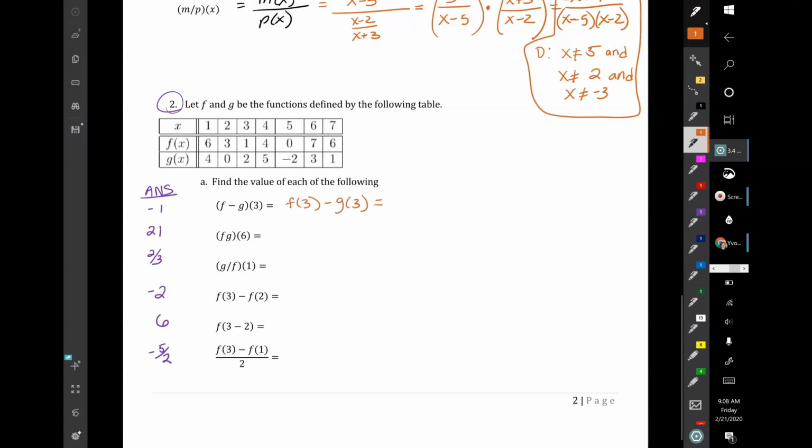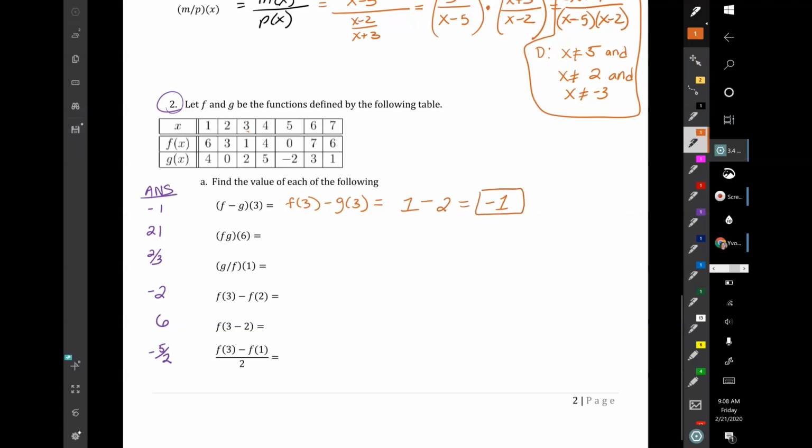So this is good review of just finding values on a table for functions. So if my input is 3, my output is 1 for f of 3. If I have a 3, my g output would be 2, so it's different, and that gives me negative 1 for my answer.